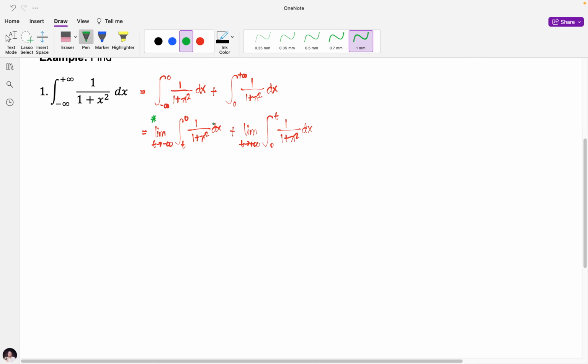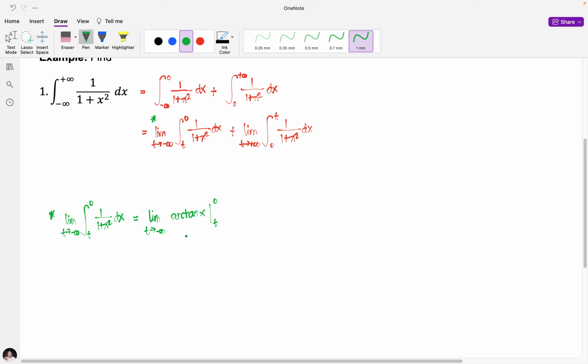First is yung integral muna. We know that the integral of 1 over 1 plus x squared dx is just arctan. So the limit of the integral of 1 over 1 plus x squared dx from t to 0 as t approaches negative infinity is just the limit of arctan of x from t to 0 as t approaches negative infinity.